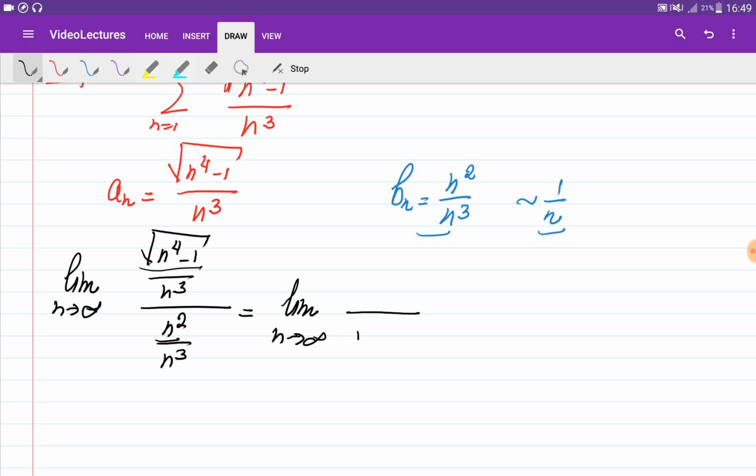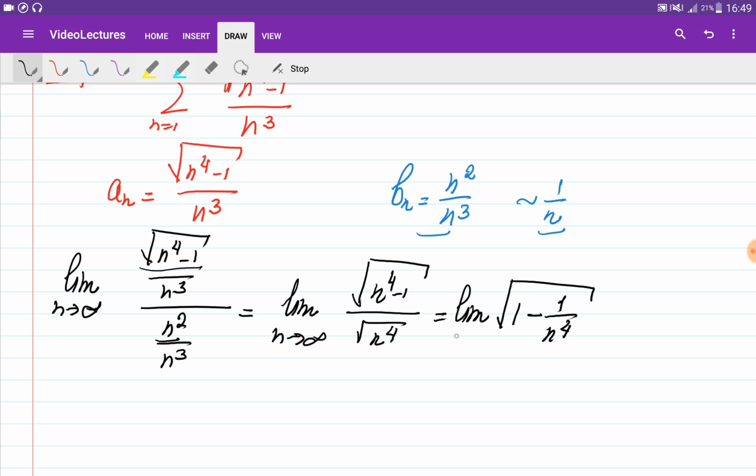Let me rewrite n squared as the square root of n^4. On the numerator, we have n^4 minus 1, right? So we can write this as the square root of (1 minus 1 over n^4), and when n goes to infinity, the second term simply becomes equal to 0, and what is left is simply 1, right?